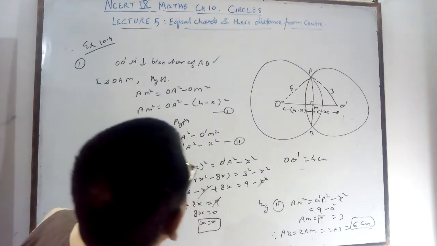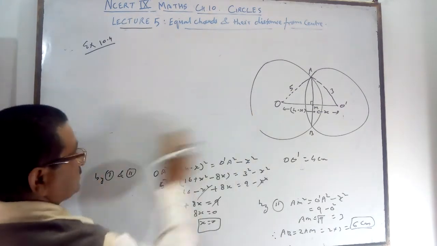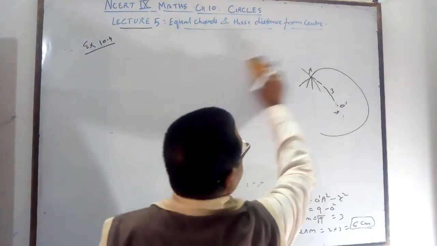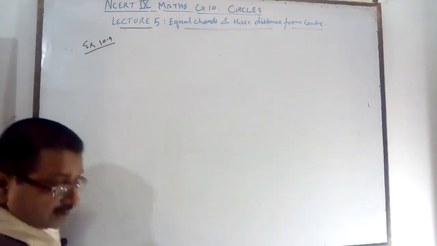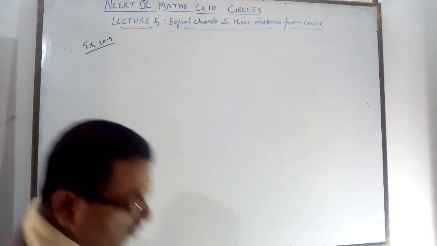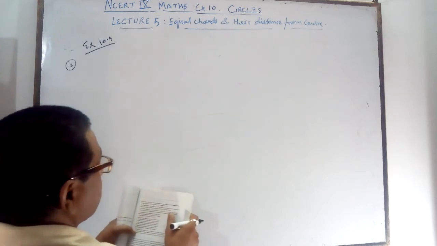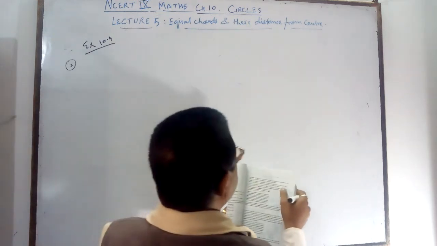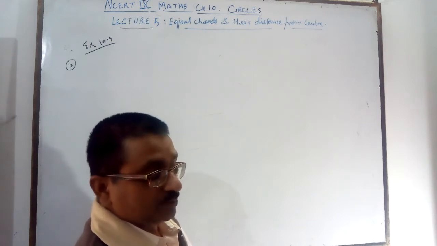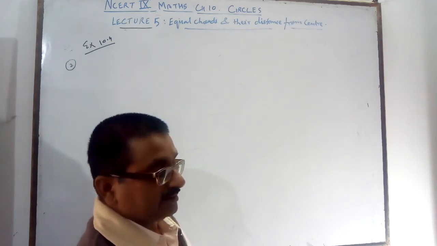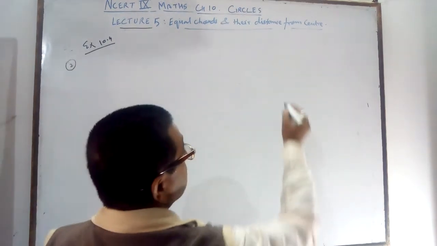Now question number 2 is given, very simple. What is given? If two equal chords of a circle intersect within the circle, prove that the line segments of one chord are equal to the corresponding segments of the other chord.